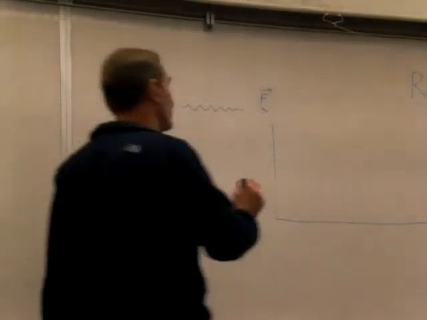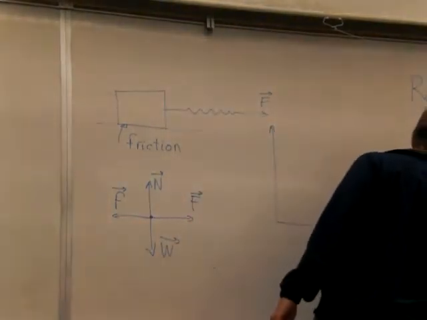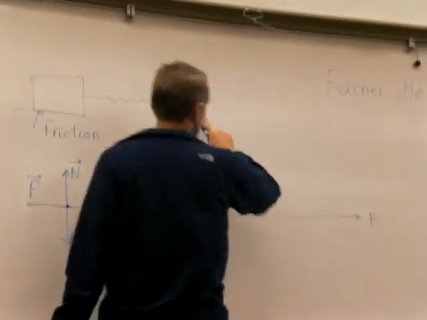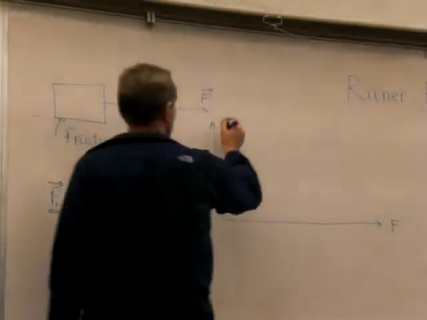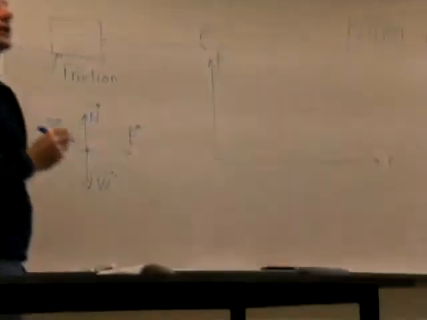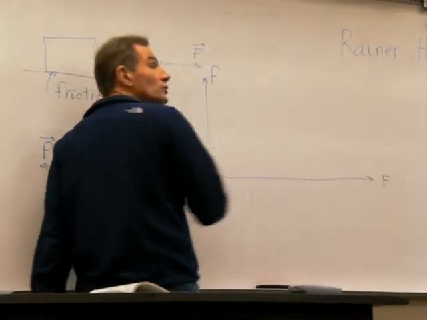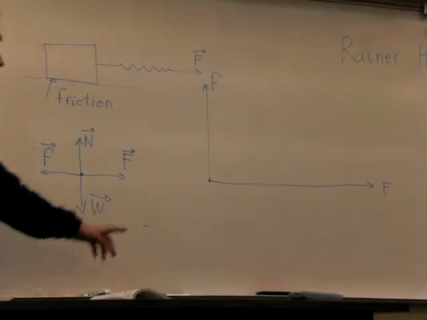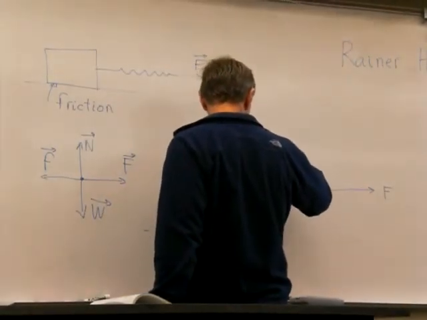So this is what you can plot. You can plot, first, the magnitude of the force of friction versus the magnitude of the force by the spring. And this is what you get. If the force by the spring is 0, what will be the force of friction? 0, so you start here. Then it increases linearly.